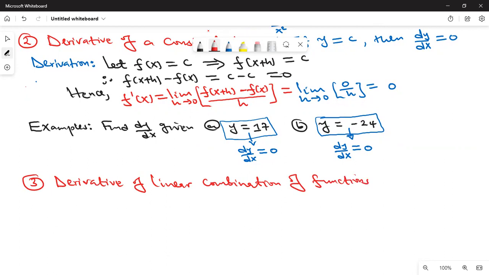So what it states is this one. When you talk about linear combination, it's like you're adding or subtracting some functions multiplied by some scalars. That is what you're calling a linear combination.